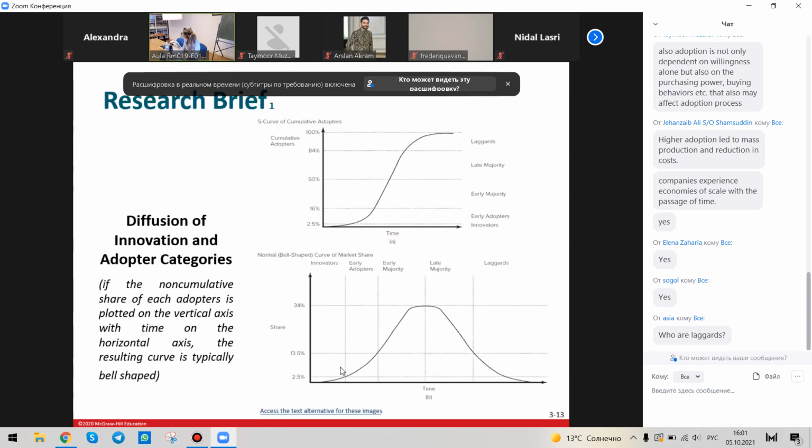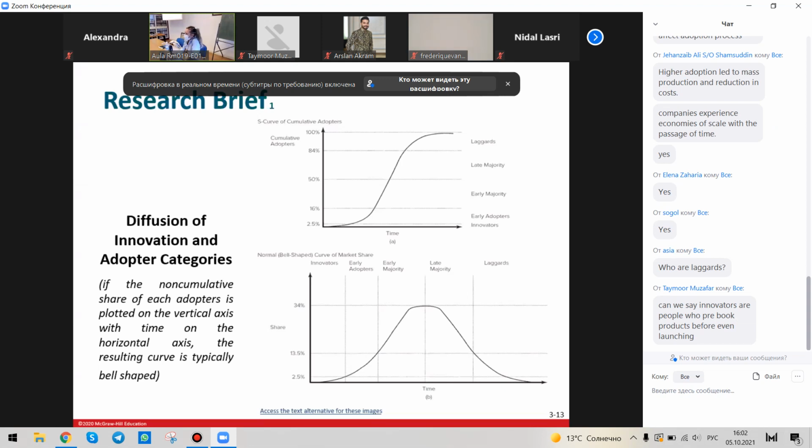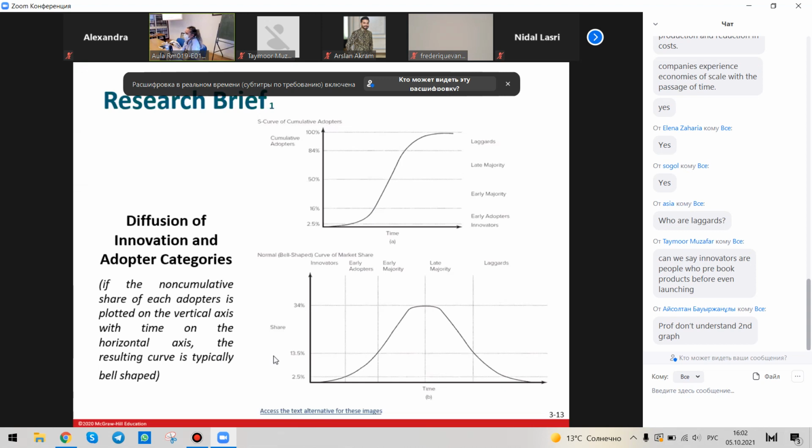When a company reaches the early adopters, it reaches 16% of the market. So here again, we have financial availability and disposition toward innovation. And also here the early adopters are recognized as opinion leaders. So their opinion about the new technology is considered valuable by the community.